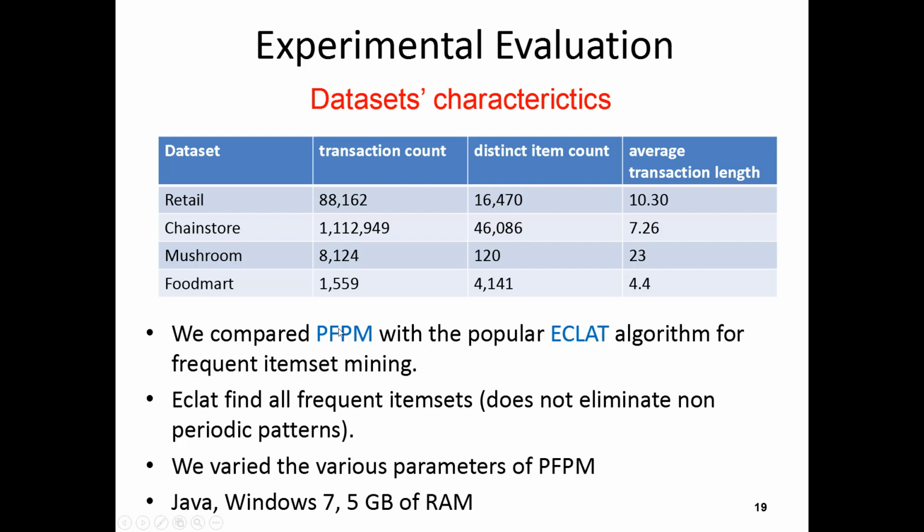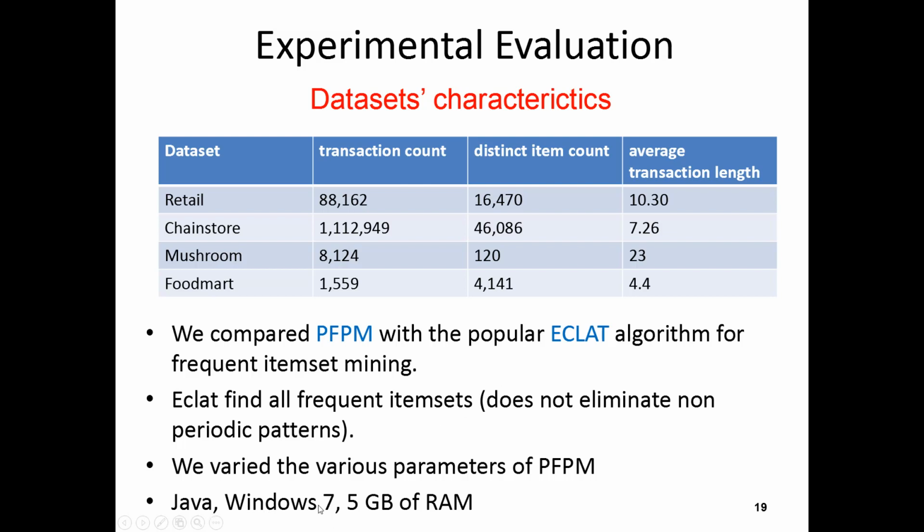One thing we need to say, our algorithm only finds the periodic patterns, but ECLAT will find all the frequent item sets. So obviously our algorithm will always find fewer patterns than ECLAT in general, and sometimes it will be faster, maybe sometimes not.